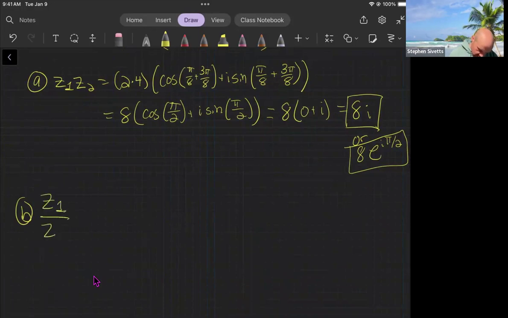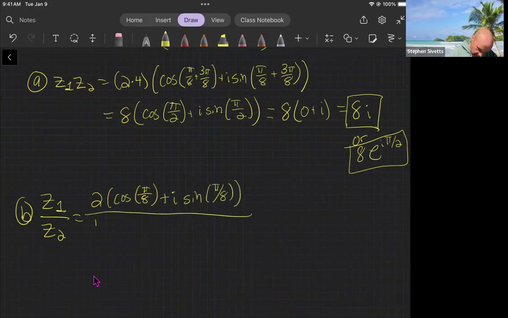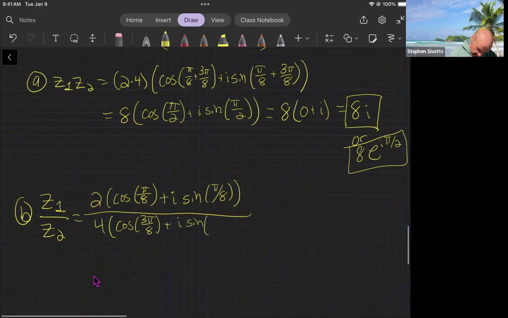Division, Z1 divided by Z2. Well, it's just 2 times (cosine of pi over 8 plus I sine of pi over 8) divided by 4 times (cosine of 3 pi over 8 plus I sine of 3 pi over 8).